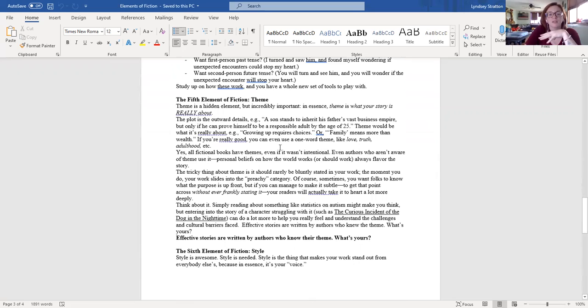The fifth element is going to be theme. So it's a hidden element. It's still important. It's what your story is truly about. So A Rose for Emily, what do we think it was really about? Tradition, change, manipulation. Where Are You Going, Where Have You Been? Again, I'm going to go with manipulation. Everybody has different interpretations. Your interpretation is not wrong.